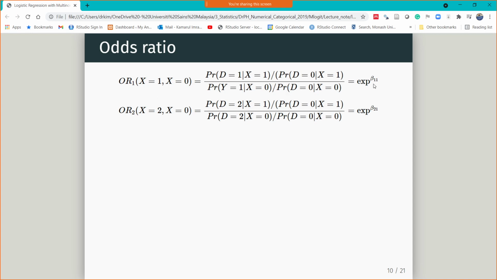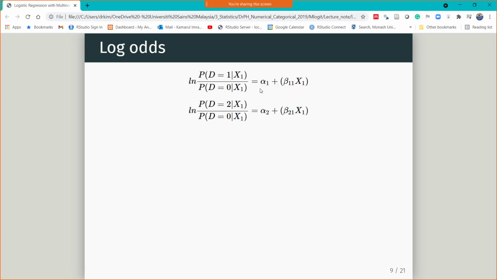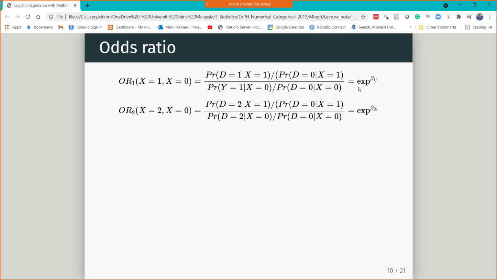Because you divide alpha 1 plus beta 1 times x equals 1 by x equals 0 here, alpha 1 will cancel each other, so that's why you don't have alpha 1 here. And then you exponentiate the log odds. Now you move to the right hand side and you exponentiate it, and then you'll get the odds ratio.